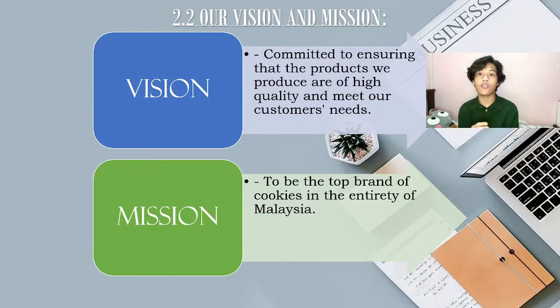It describes the organization's purpose and its overall intention. The mission statement supports the vision and serves to communicate purpose and direction to employees, customers, vendors, and other stakeholders. Our vision is to be committed to ensuring that the products we produce are of high quality and meet our customers' needs. And our mission is to be the top brand of cookies in the entirety of Malaysia.